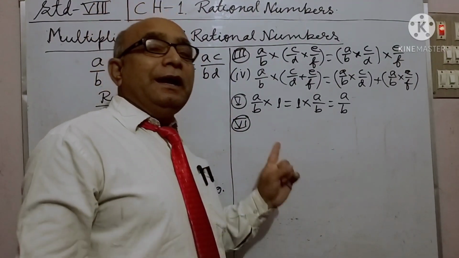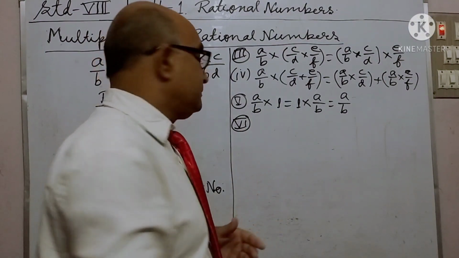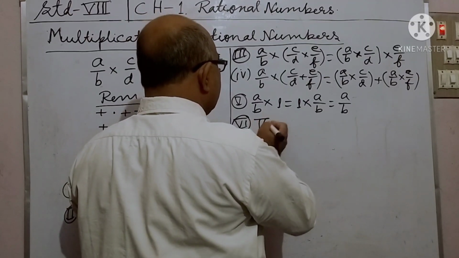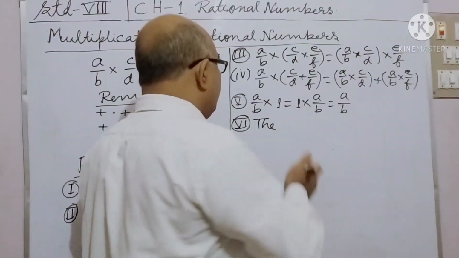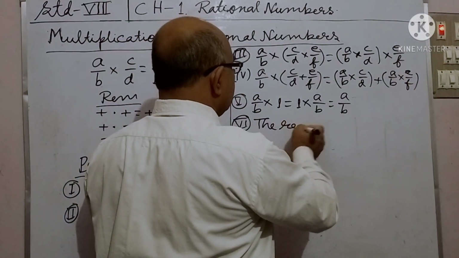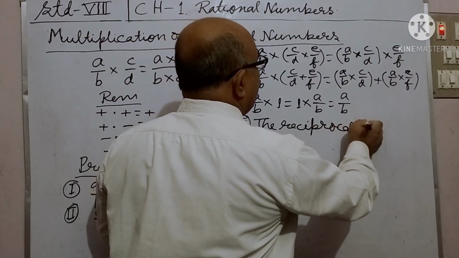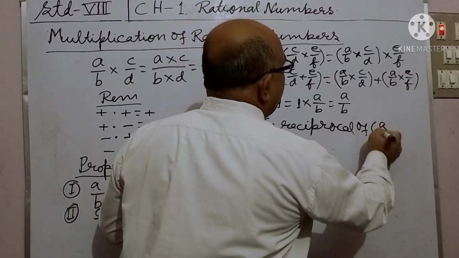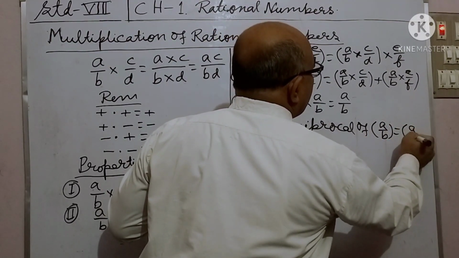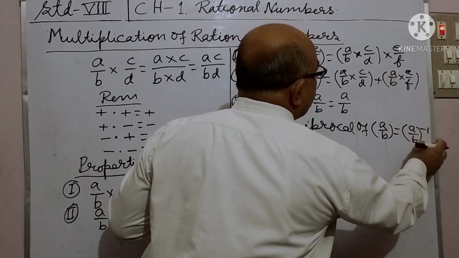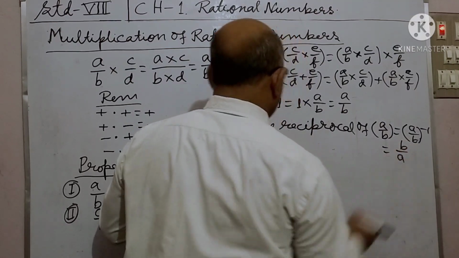Sixth property, existence of multiplicative inverse. The other name of multiplicative inverse is reciprocal. So the reciprocal of a by b equals a by b to the power minus 1, equal to b by a.